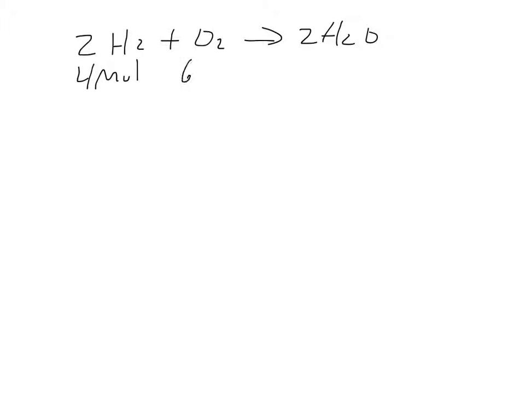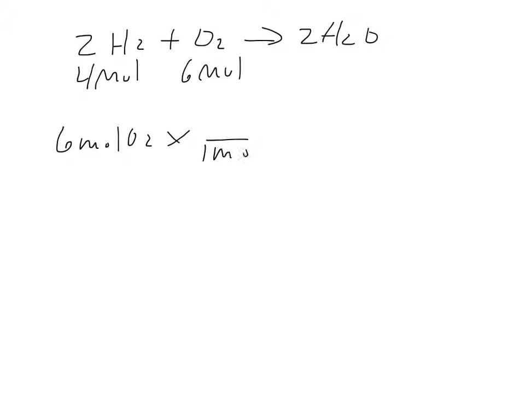So let's continue to look at that problem. We had our 2H2 plus O2 yields 2H2O. We had 4 moles and we had 6 moles. Well, let's do our mole-mole problem one more time, starting off with oxygen as chemical A. And we have 6 moles of O2.